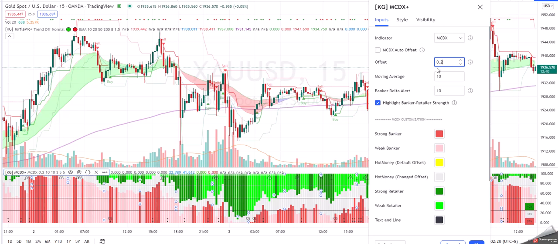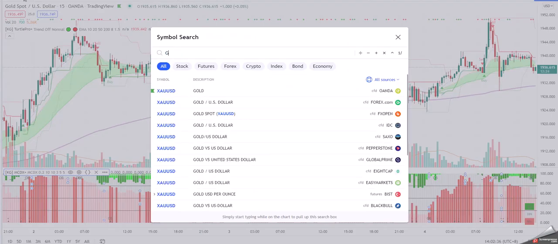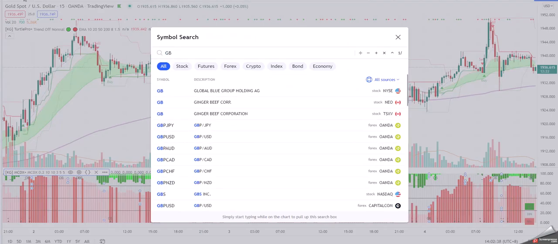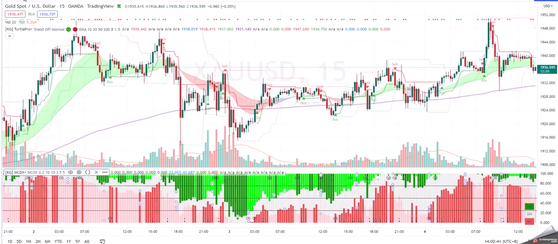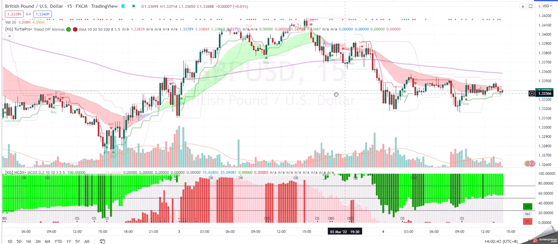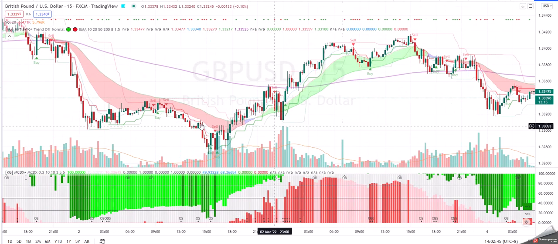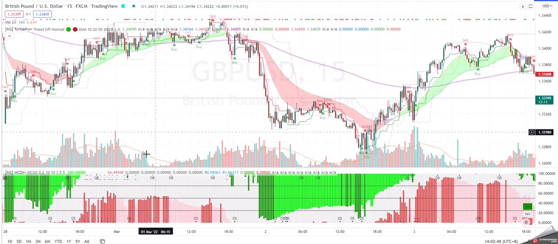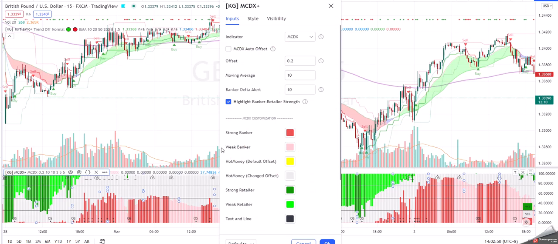Different Forex pairs have different volume profiles, so you need different settings for different pairs. Basically I use 0.2, or sometimes I go down to 0.1, especially for GBP USD. Normally these are reduced to a lower value to increase the sensitivity.